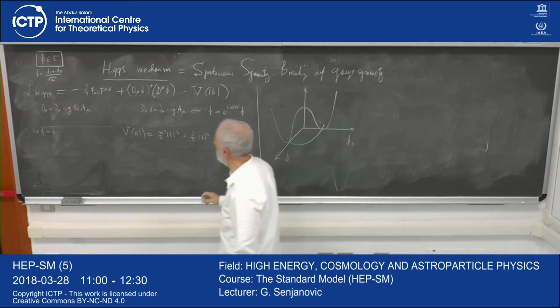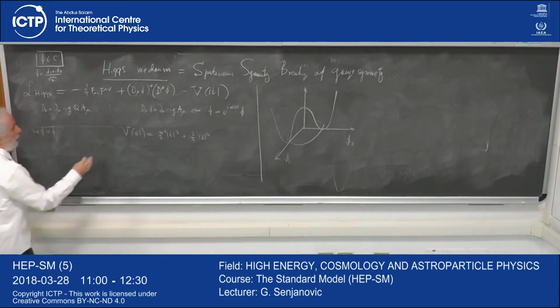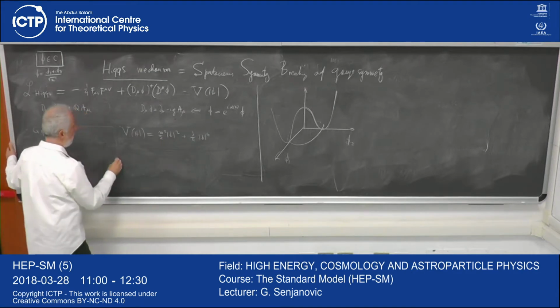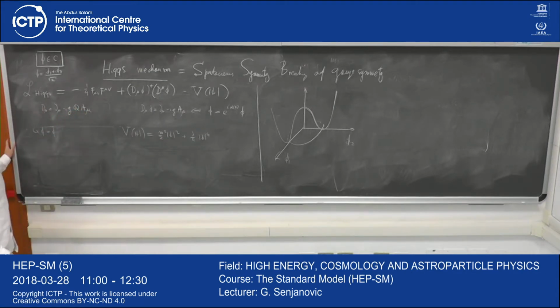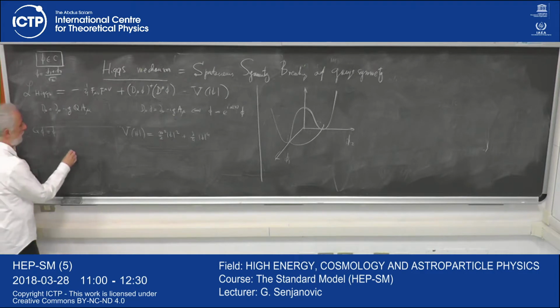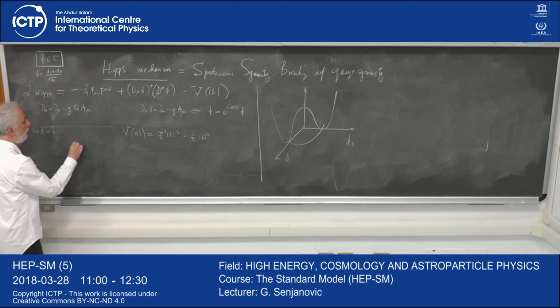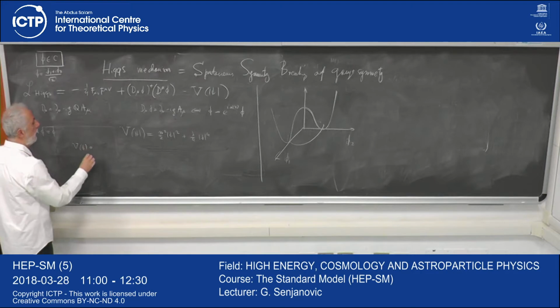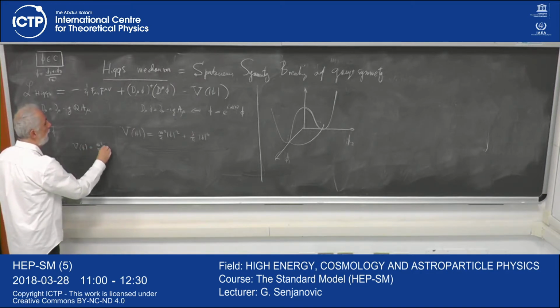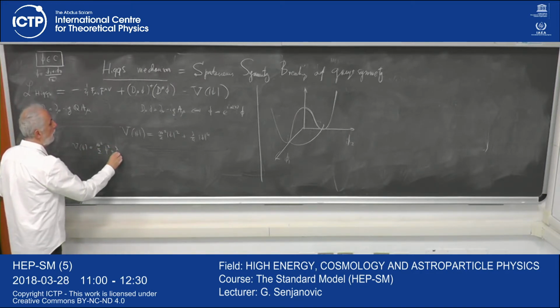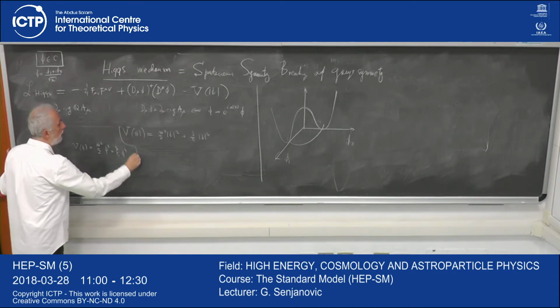Maybe before plotting it, let's just understand. Let's plot it as a function of phi. Let's take this potential: m squared over 2 phi squared plus lambda over 4 phi to the 4.